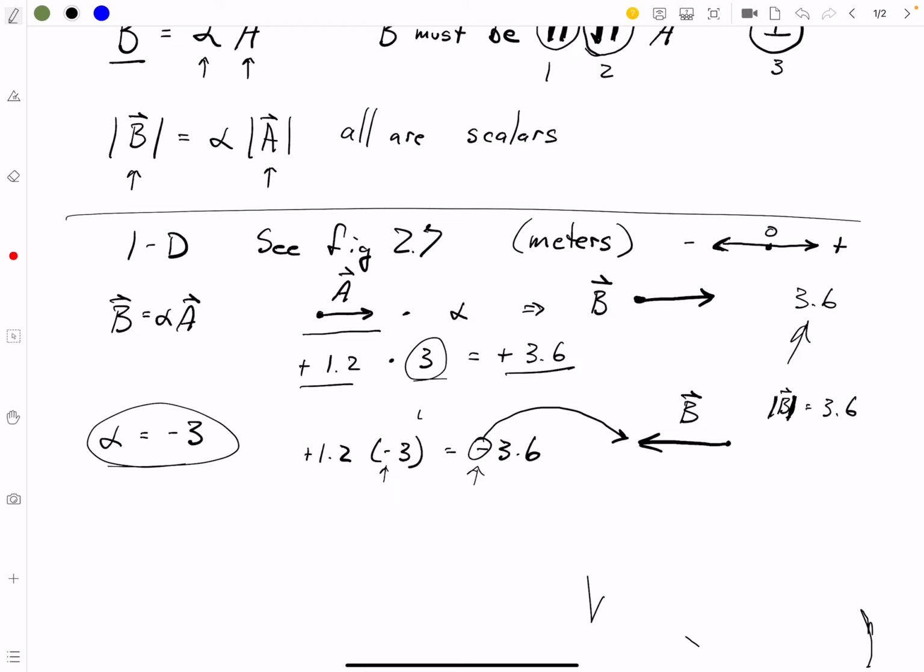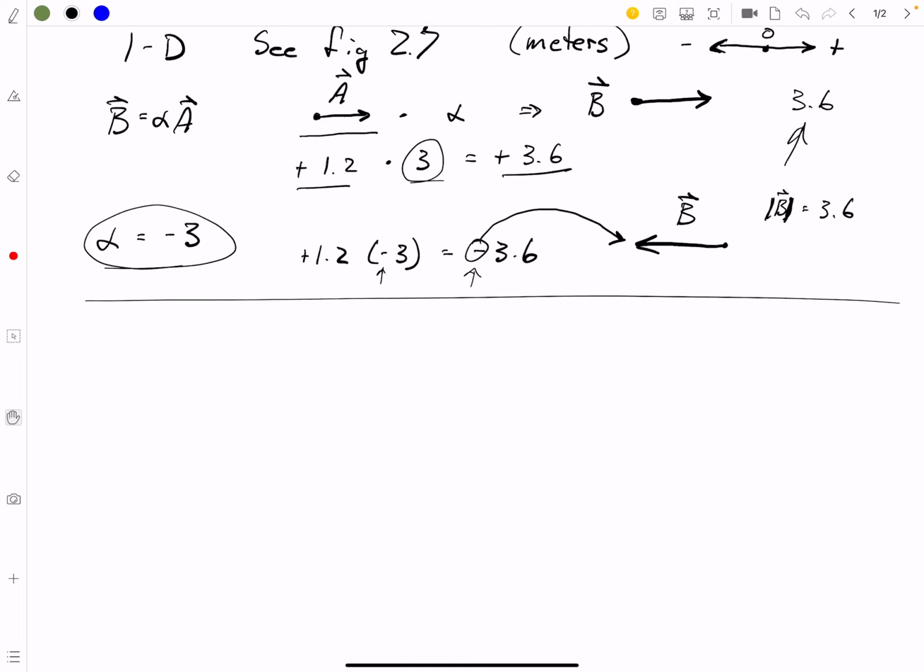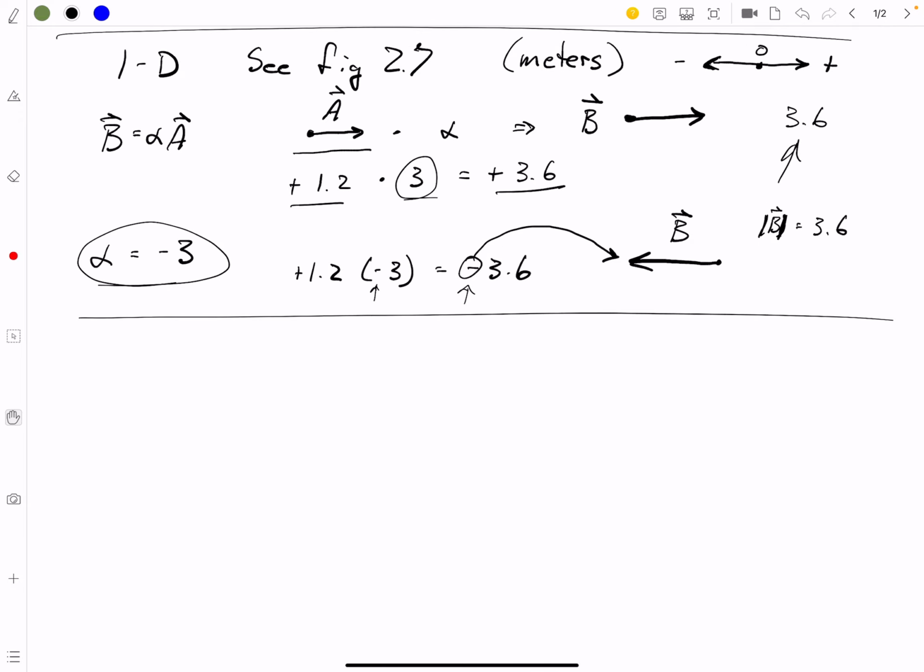Let's do a little vector addition. I know these things seem very simple, but this vector stuff is definitely on a test.